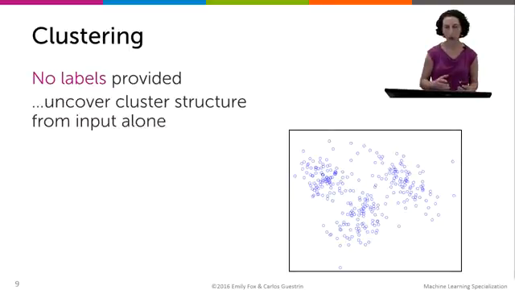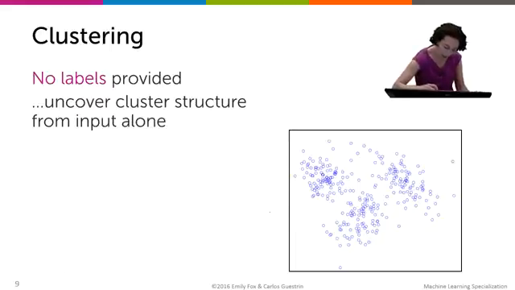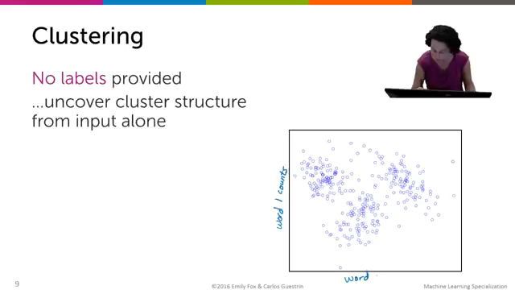And the goal here is to uncover this grouping structure directly from the data, the input values alone. So in particular, here we might imagine that we have documents with just 2 words in the vocabulary. So let's say here's word 1 counts, and here's word 2 counts.